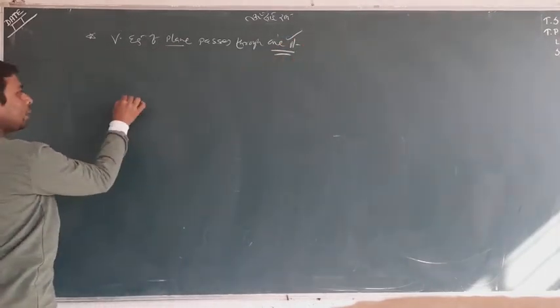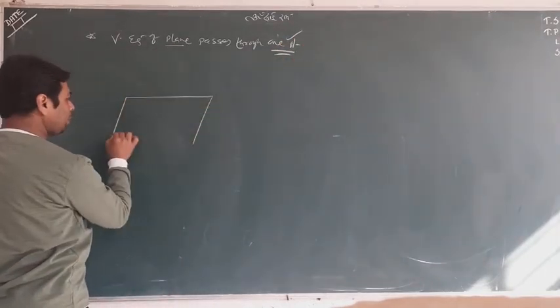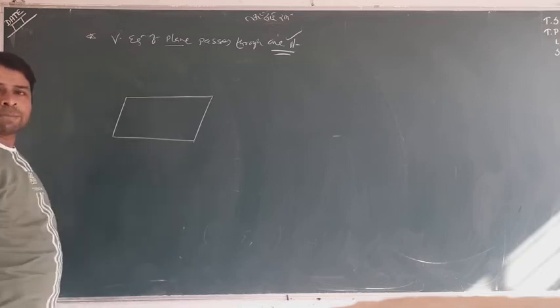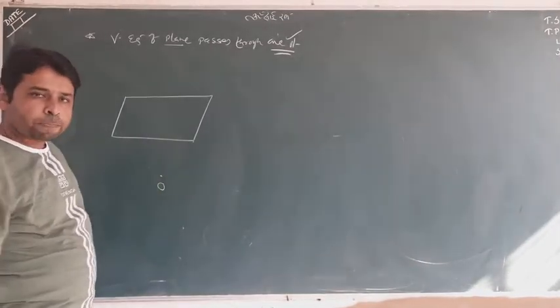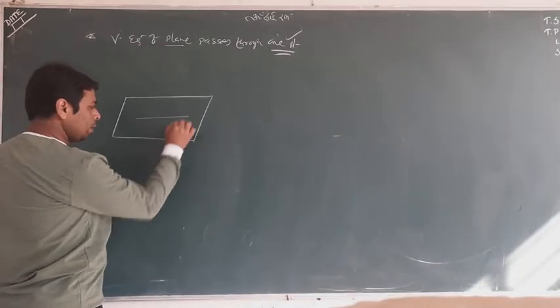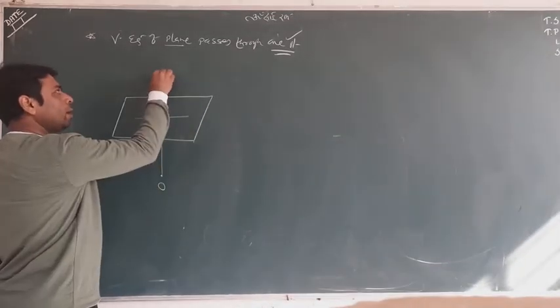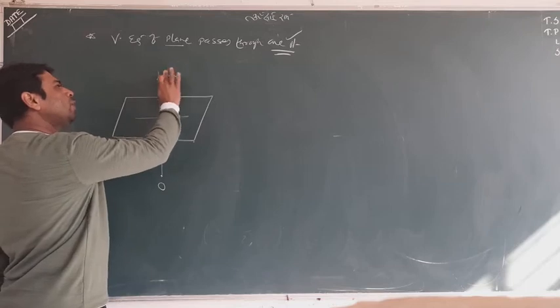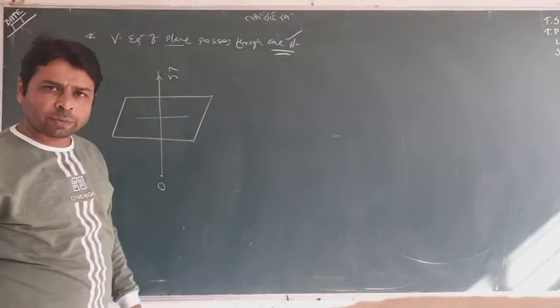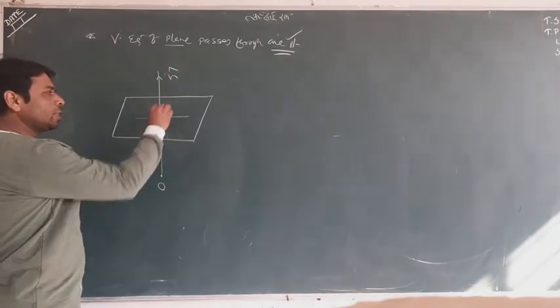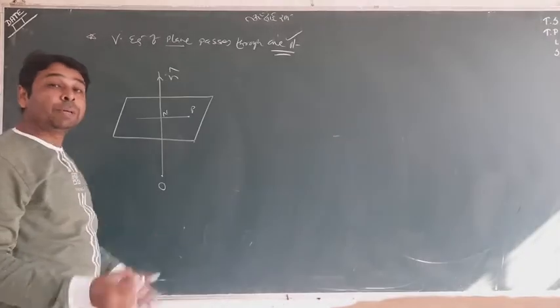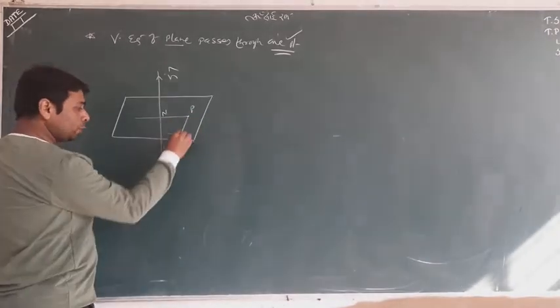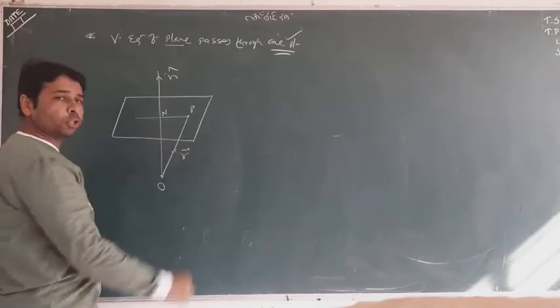Can you see now? I will tell you. This is my plane, and this is, as usual, O. This is the vector N, or you can take n cap in this direction; I have taken the unit vector directly. Suppose P is any point on the plane whose position vector is r, as usual.